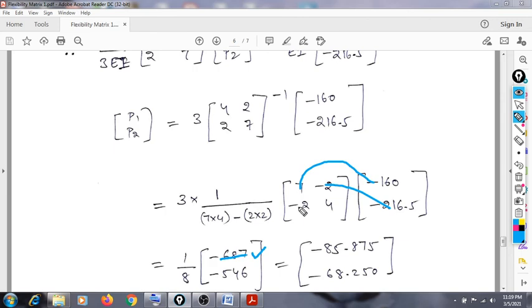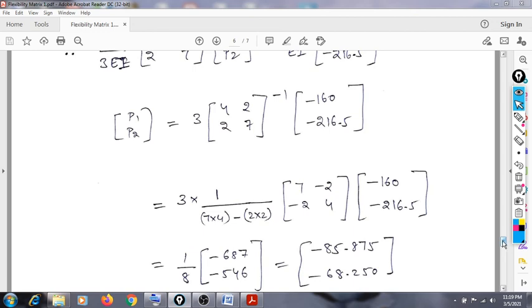And next, minus 2 into minus 160 plus 4 into minus 216.5, which gives minus 546. So the final solution will be minus 85.875 and minus 68.250. This will be the final solution for P1 and P2.